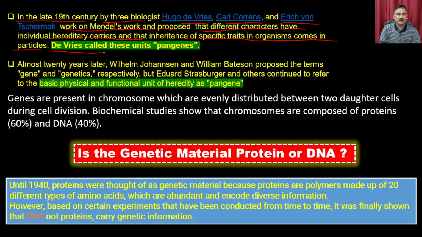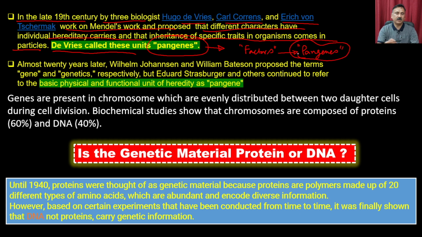De Vries called these units pangenes. He discovered that these factors which Mendel was talking about are the pangenes, and if pangenes can move from one generation to another, they are going to carry that particular characteristic or quality.